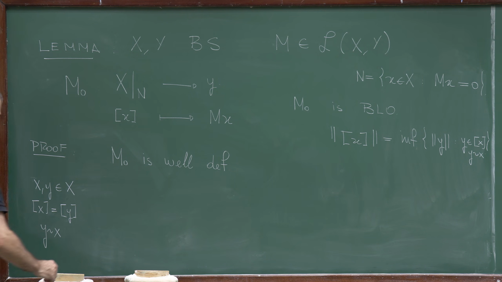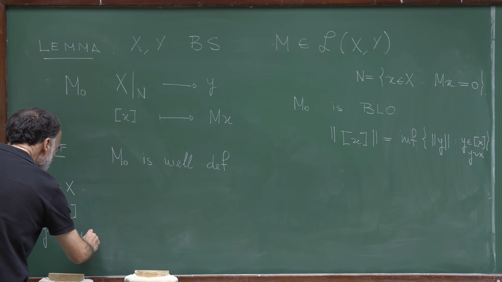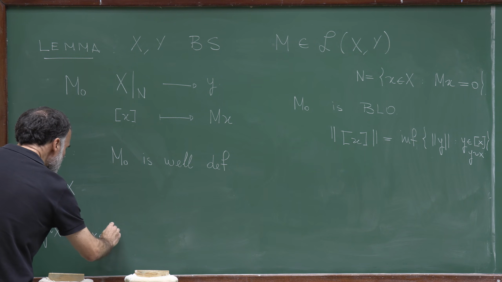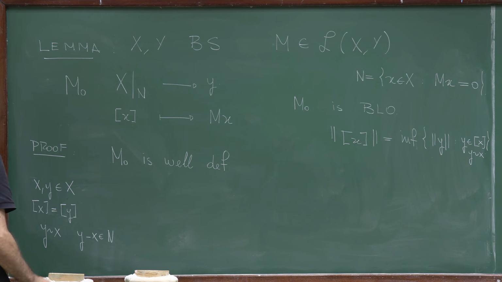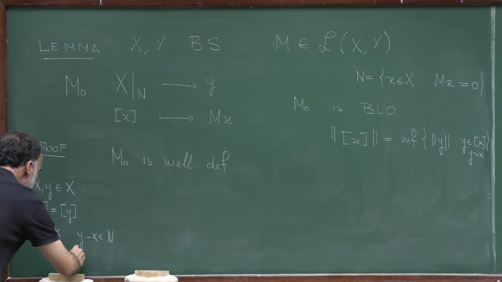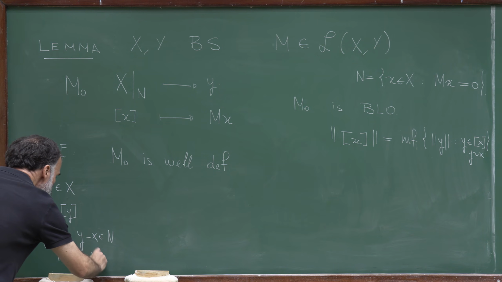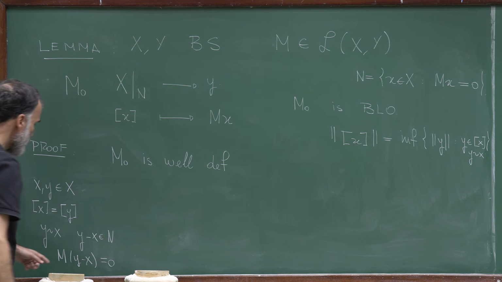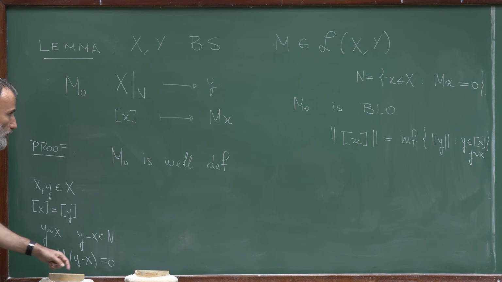But y equivalent to x means that y minus x belongs to the null space, and the null space is defined as all points such that M(y minus x) is equal to 0, and this means that My is equal to Mx.